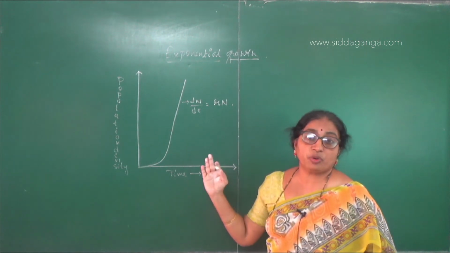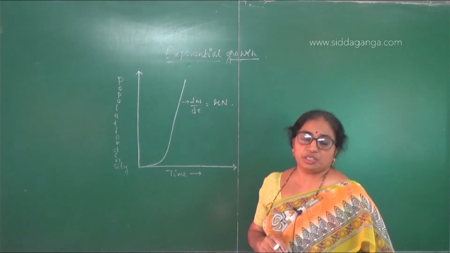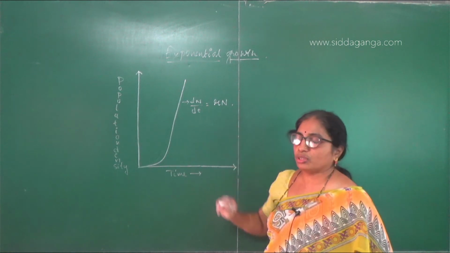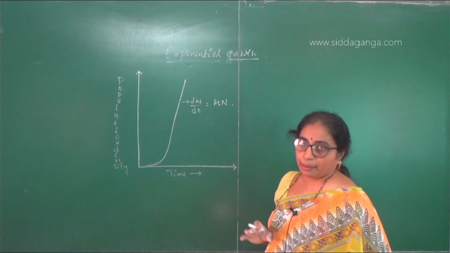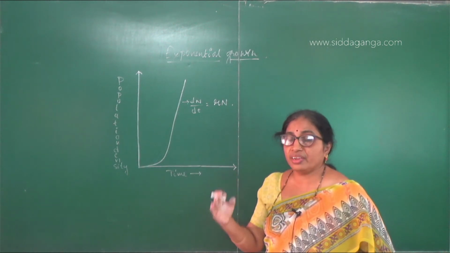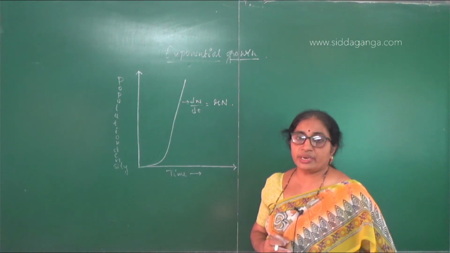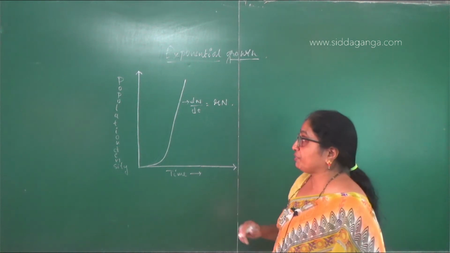Such exponential growth should not happen in nature. It is not fair on the part of nature. When the resources are abundant, this happens. But finally, the abundant resources will go on decreasing because of severe competition, which is called interspecific competition.